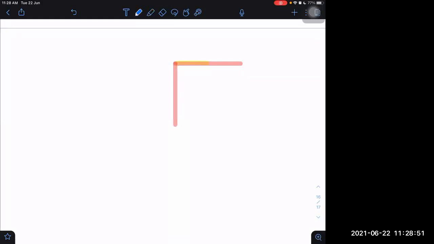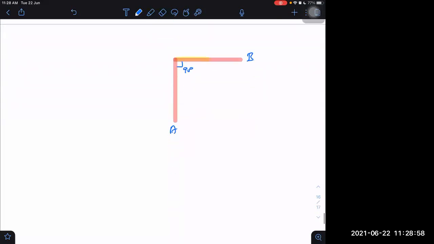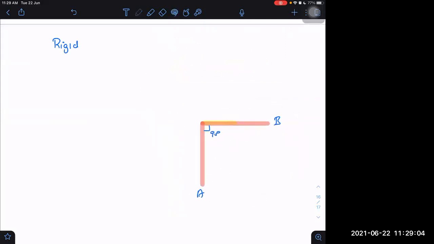It is a rigid structure. Rigid conducting rod.